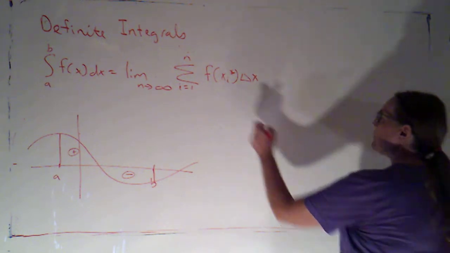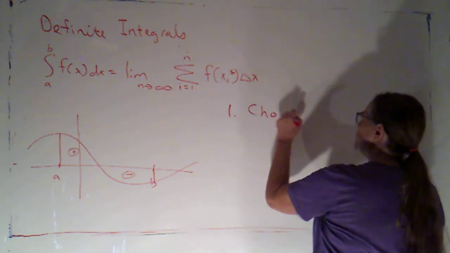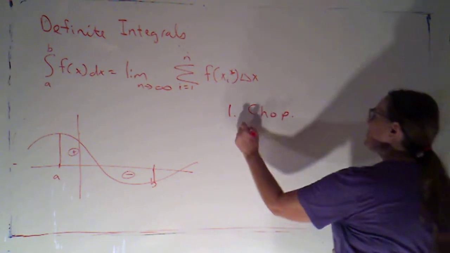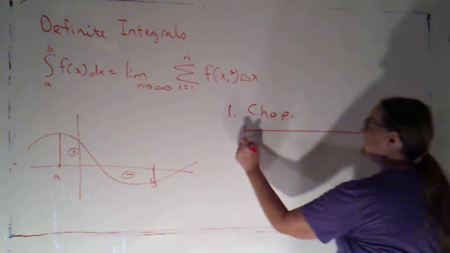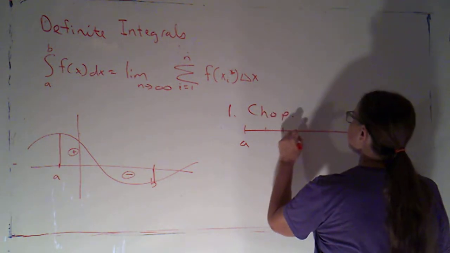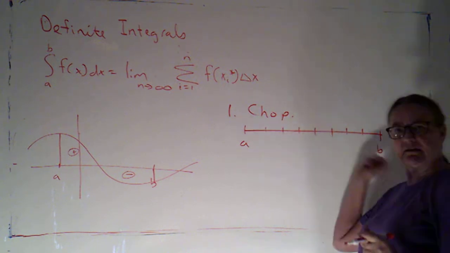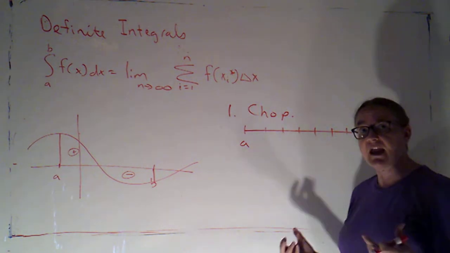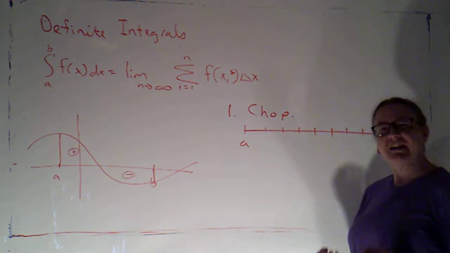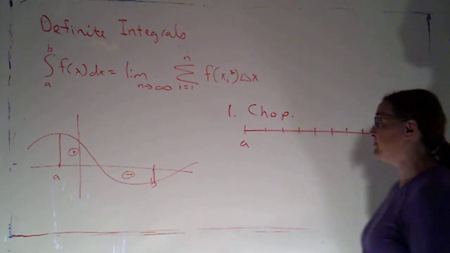Okay, so I say it's a four-step process. The first step is to chop. So we take the interval along the x-axis from a to b, and we're going to chop it up into little pieces. Now, it's not necessary to chop things up into pieces that are the same length, but strategically it's often advantageous to do that just because it makes our calculations simpler.